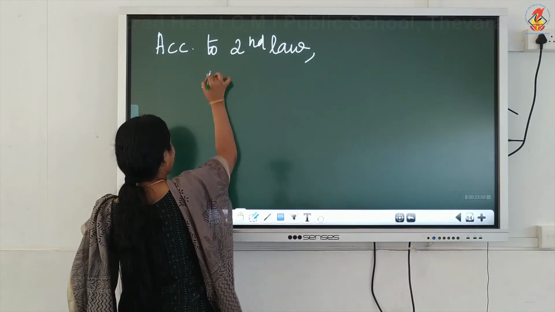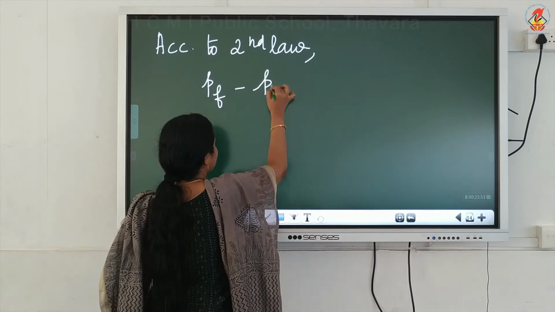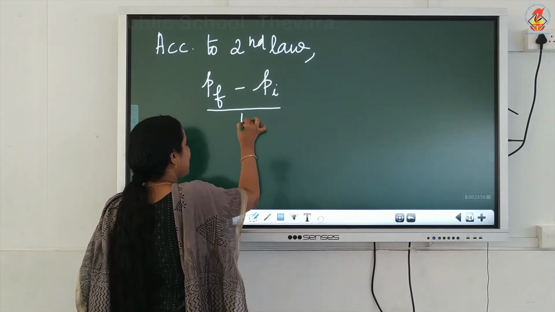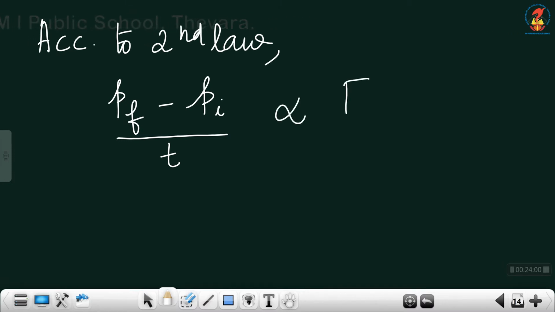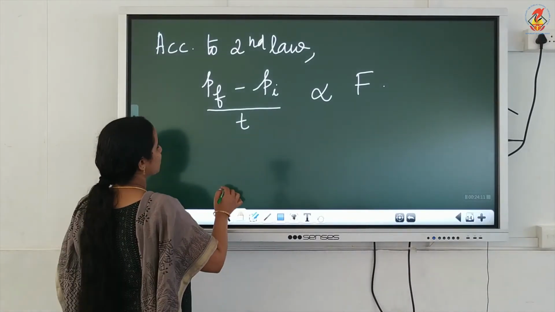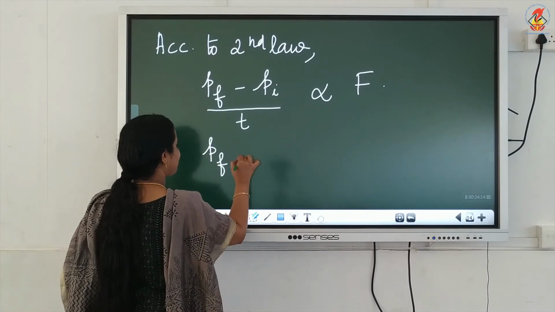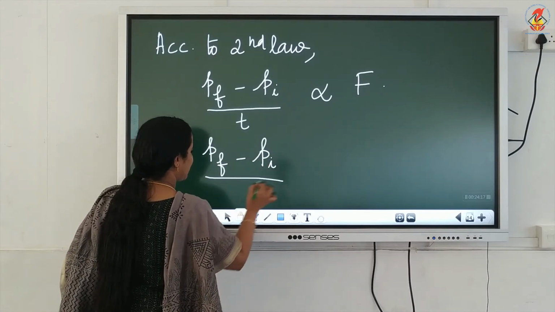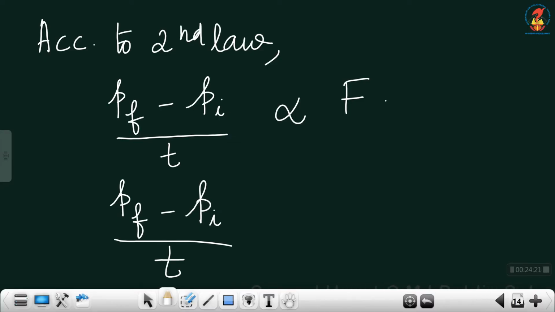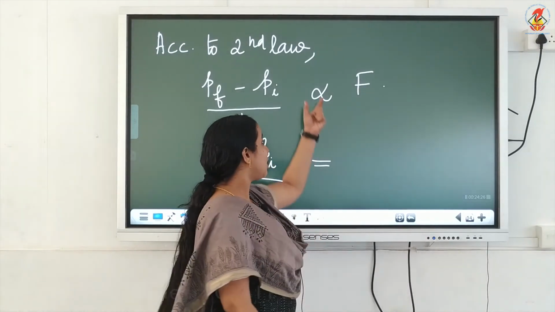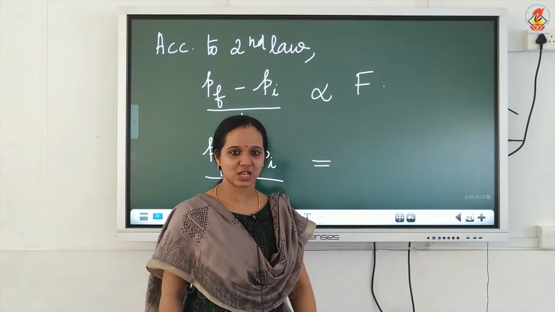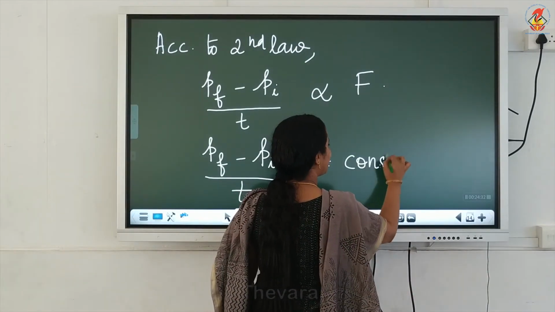That is, rate of change of momentum, Pf minus Pi by t, is proportional to unbalanced force F. In order to change this proportionality sign into an equality sign, we should multiply with a constant.